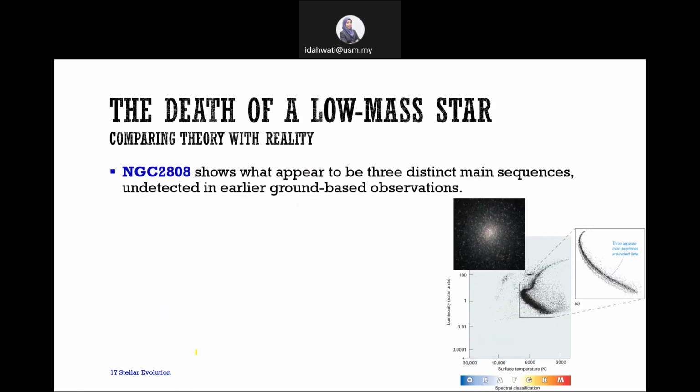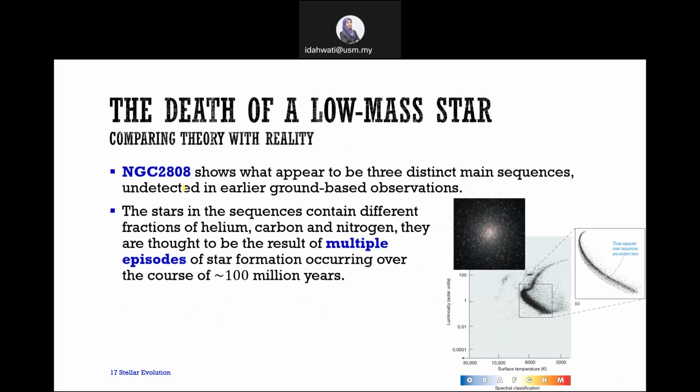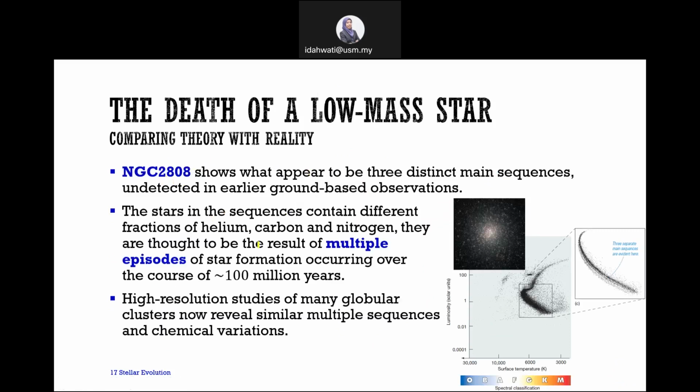We can also compare the theory with reality for NGC. I think you can read this one on your own. High resolution studies of many globular clusters now reveal similar multiple sequences and chemical variations.